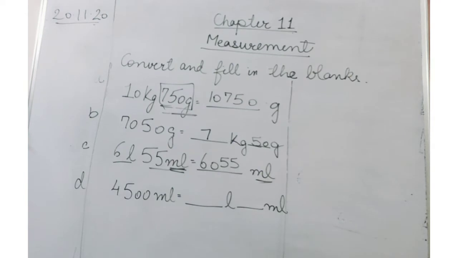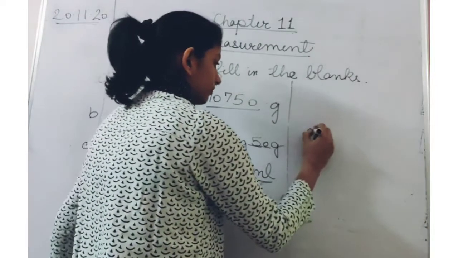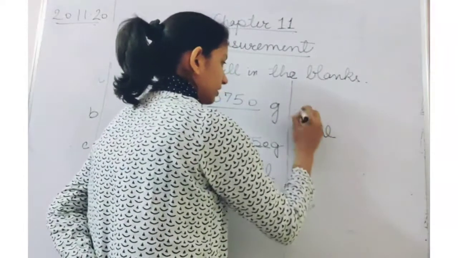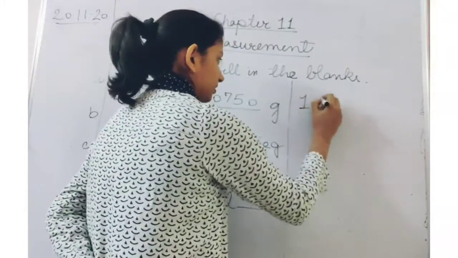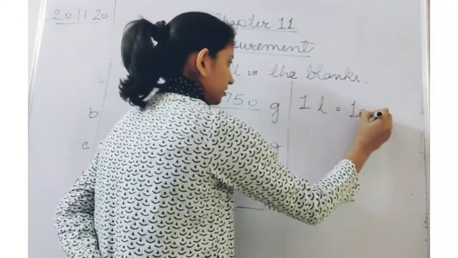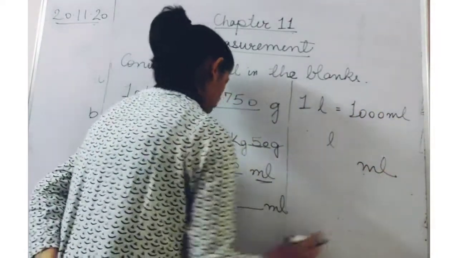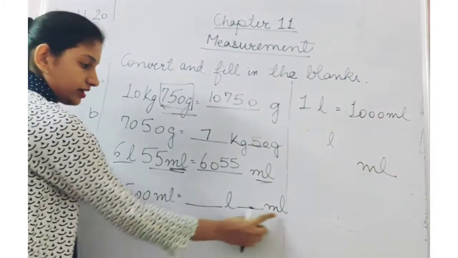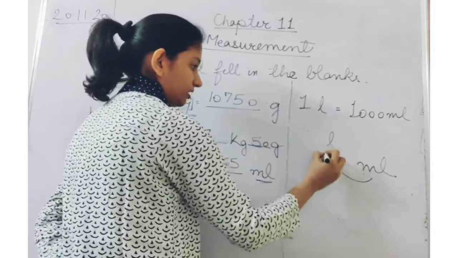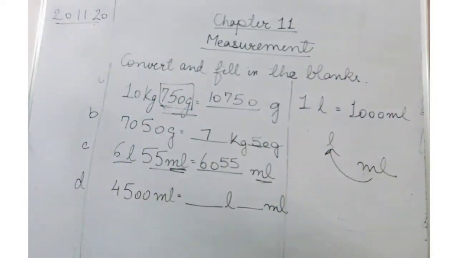This is milliliter to liter and milliliter. Again the same relation: 1 liter equals 1000 milliliter. This time we are going from milliliter to liter and milliliter, that means from small to big.